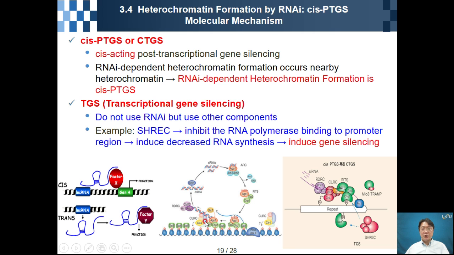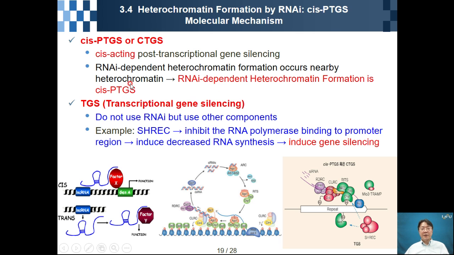After that, it will recruit another complex, CLRC. After that, it will induce H3K9 methylation. So this means that RNAi-dependent heterochromatin formation is cis PTGS.